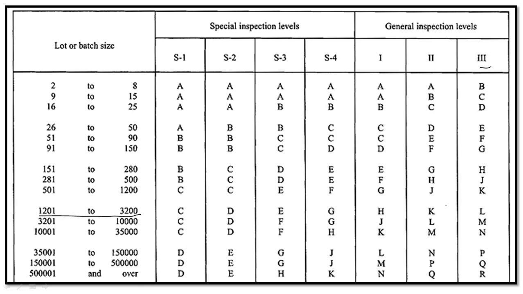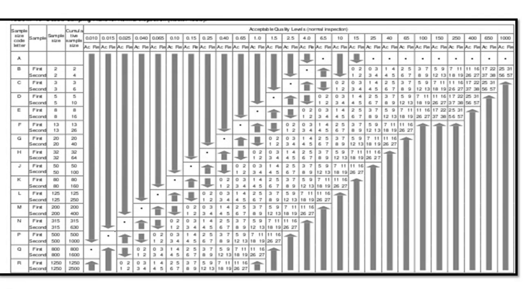So against this range we will find the letter L. From this L, with the help of this table, against L there is a sample size of 125 for double sampling, and if our AQL is 2.5%, we match 2.5 against L and find that the acceptance number for the first sample is 5 and for the second sample is 12, and the rejection number for the first sample is 9 and for the second sample is 13.